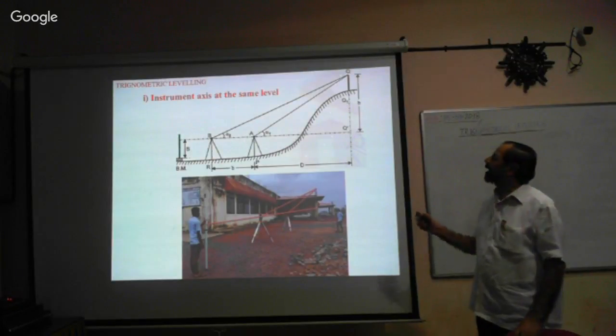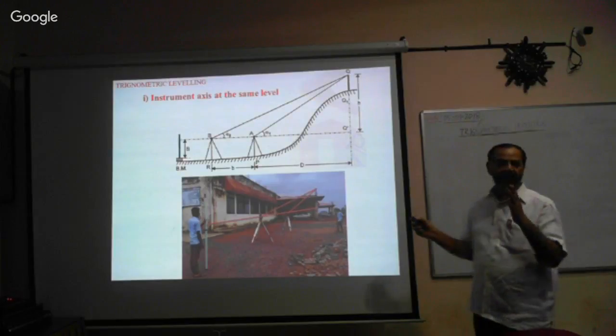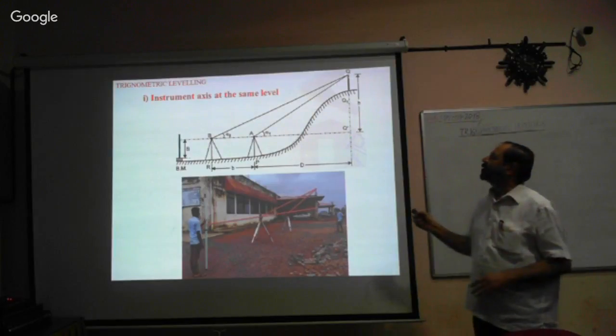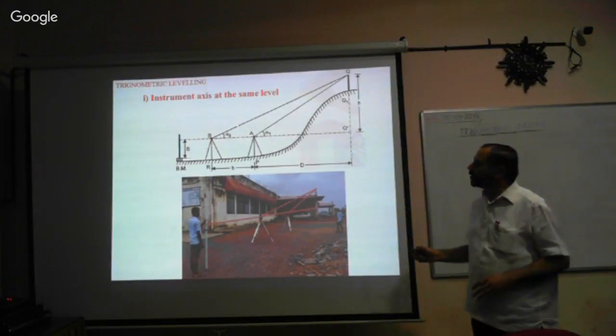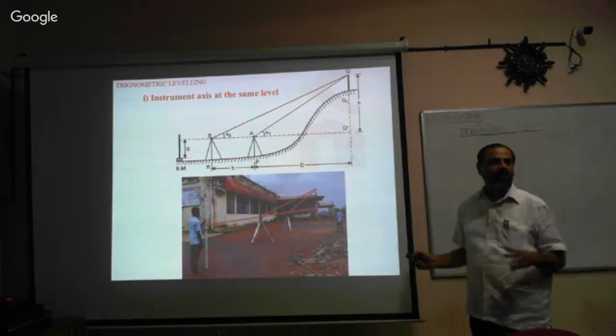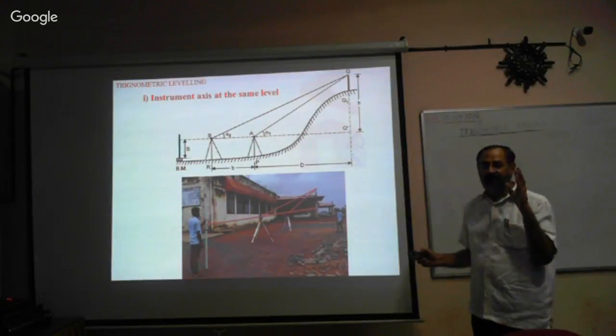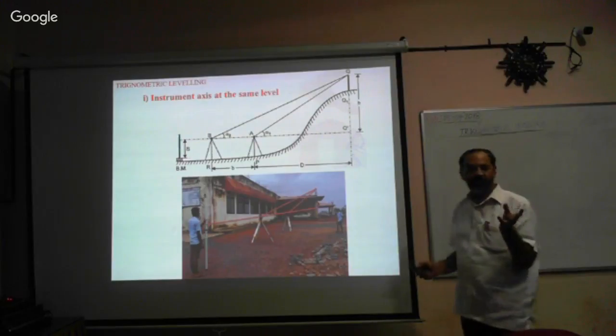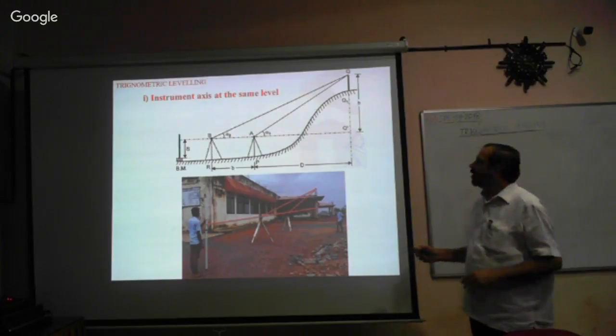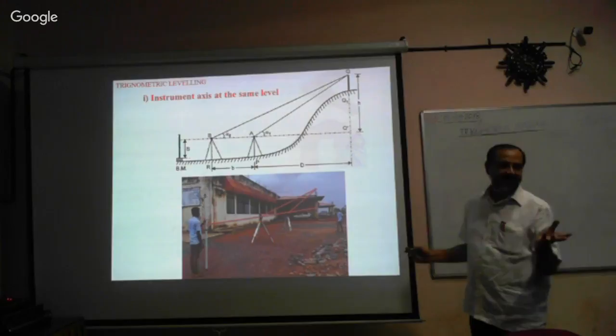Then rotate the telescope and bisect the tip of the object Q. Then again measure the vertical angle, noting it down with both faces, face left and face right observations.